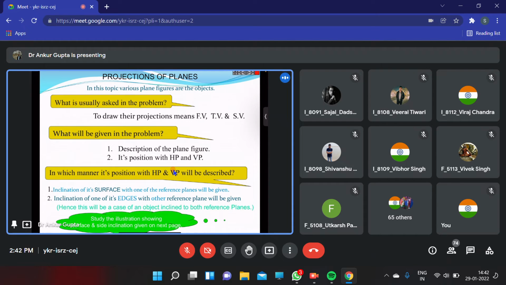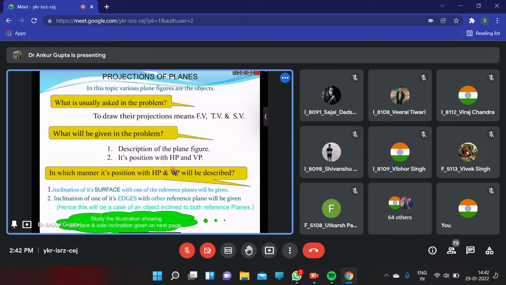So in projection of planes, what is usually asked? We ask you to draw the projection, meaning front view, top view, and side view. What will be given in the problem? Description of the plane figure and its position with HP and VP. In which manner will its position with HP and VP be described?